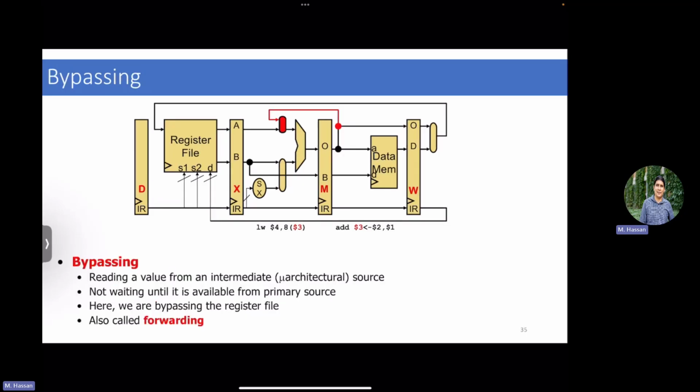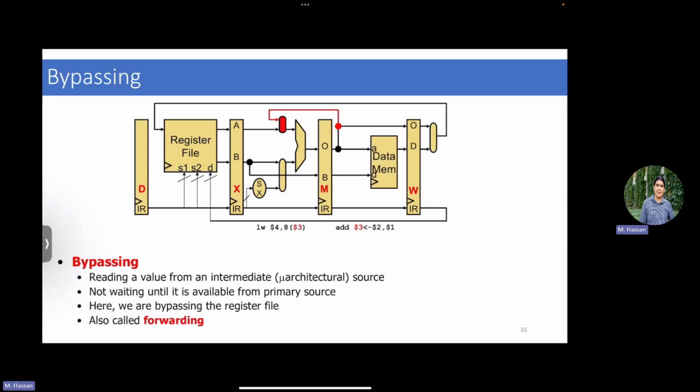Here comes the circuit that does the bypassing, the thing that you read from the ALU before waiting for the write back to happen. If I add that wire here and this mux, what's going to happen? The input to the ALU, for example here R3, that is going to be read by the load, can come naturally from the register file, that's the normal path, but also might come from the previous result of the execution stage.